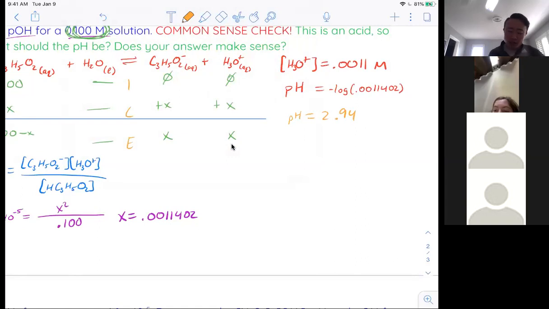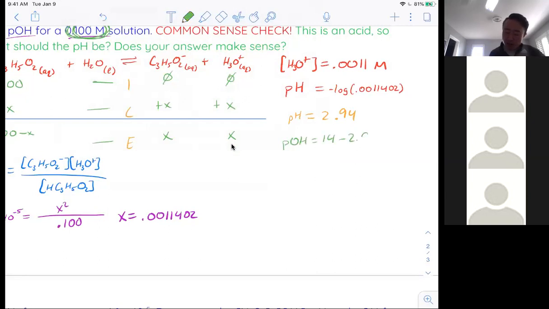To find pOH, pOH is just going to be 14 minus that 2.94. So pOH equals 14 minus 2.94. I can't do much math. 11.06. And then lastly, solve for the concentration of OH minus ions.